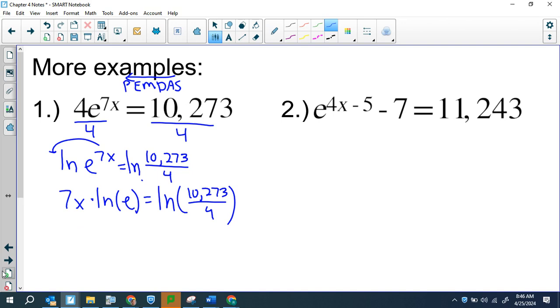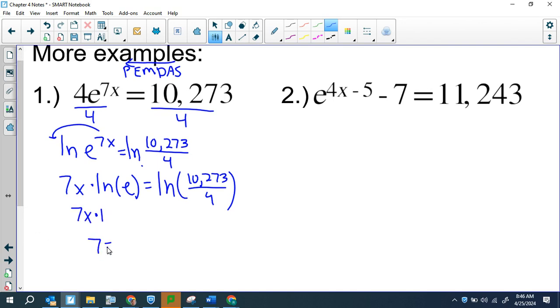All right, so ln of e, remember, is what's going to cancel out. It's going to equal 1. So we just get 7x times 1, which is just 7x. And then we end up with ln of 10,273 divided by 4.